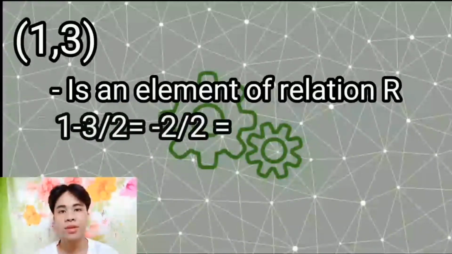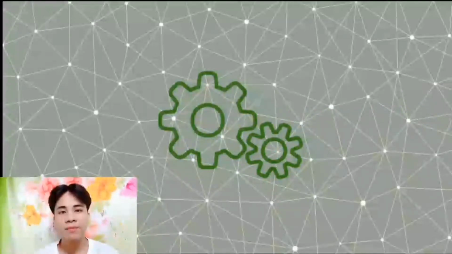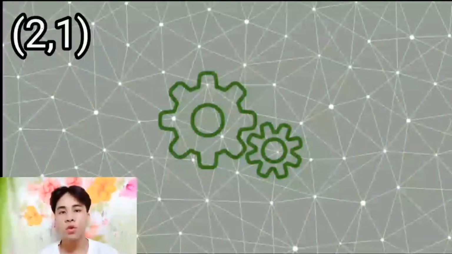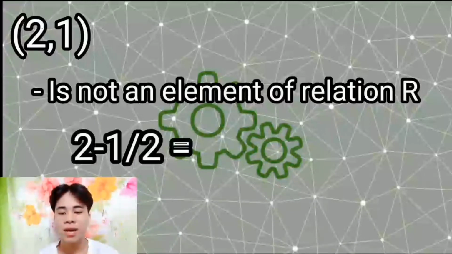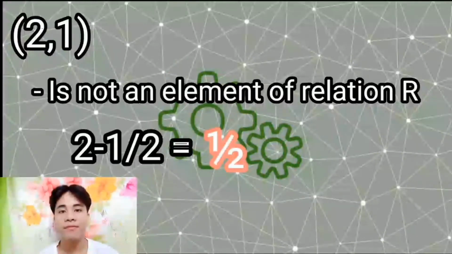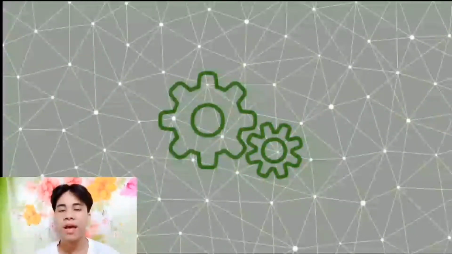Kasi kapag sinubstitute natin siya sa given statement, ang lalabas ay negative 1 and negative 1 is an integer. So, next is (2, 1). (2, 1) is not an element of relation R. Why? Kasi kapag sinubstitute natin siya, ang lalabas ay 1/2 and 1/2 is not an integer.